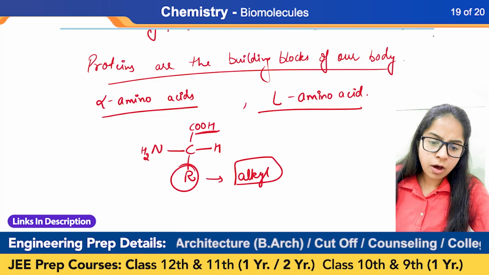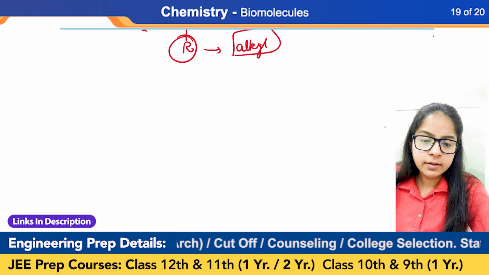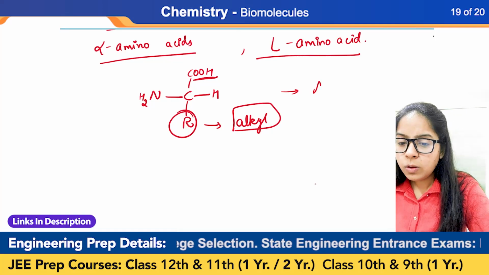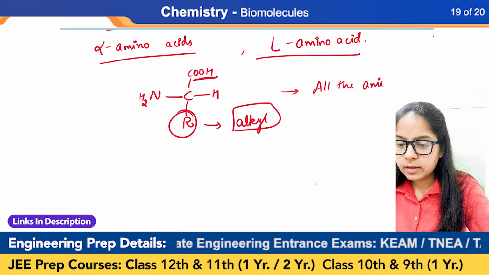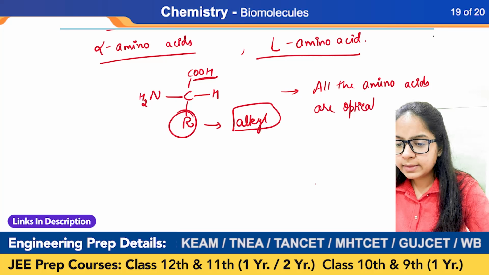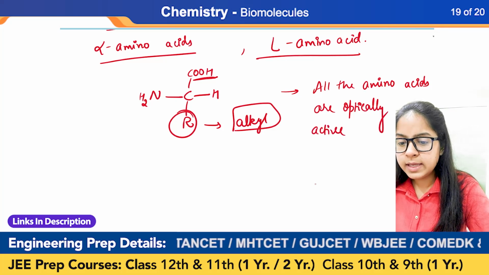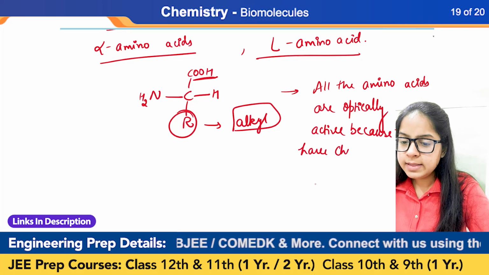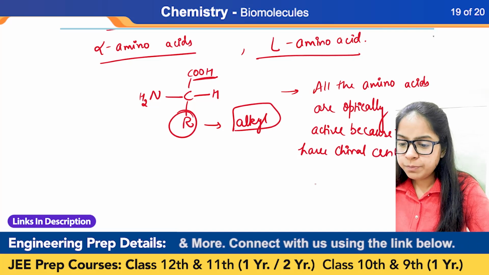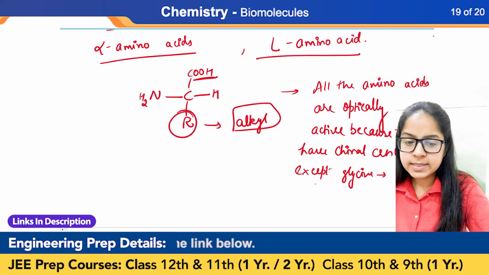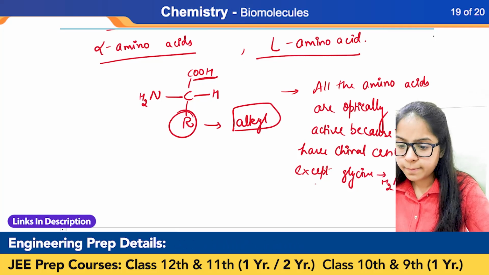See, all the amino acids are optically active because they have chiral centers, except glycine, because the glycine structure has H. This one is glycine.